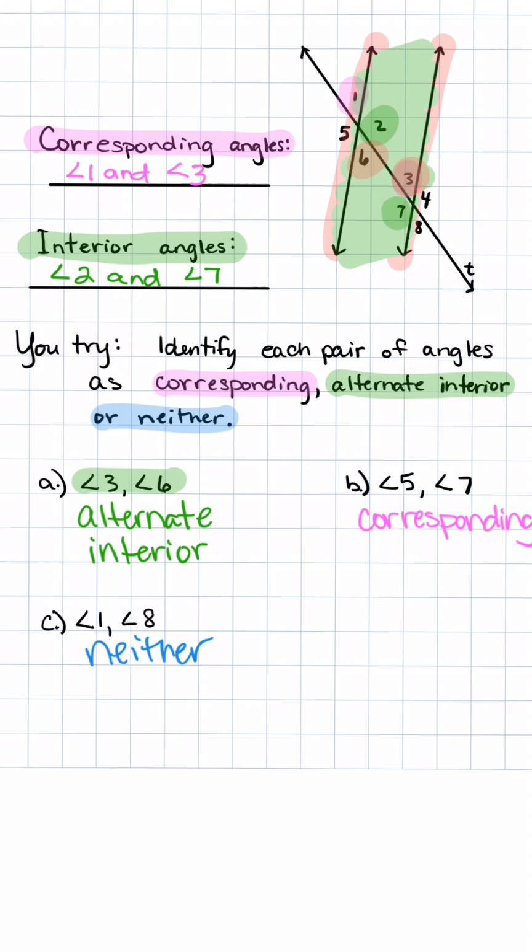Angle 5 and angle 7 are corresponding. They're on the same side and they're the same angle. And then we have angle 1 and angle 8. Although they might be the same angle, they are neither alternate interior nor corresponding.